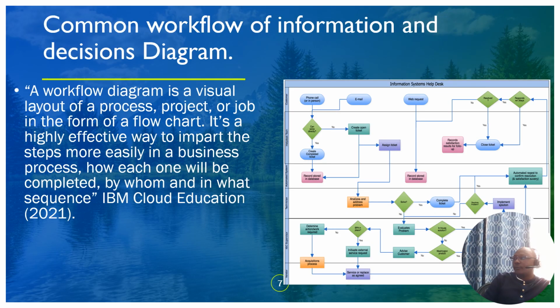The common workflow, the diagram here shows the details. It's basically a visual outlay of the process, how decisions get made, and we're looking at from the highest level to the very lowest level of business management within an organization.